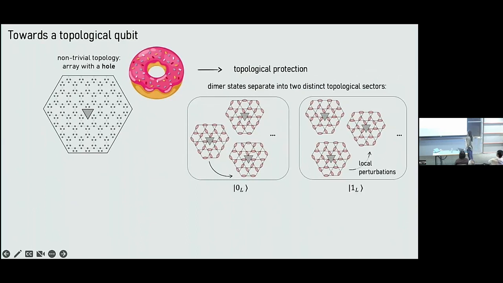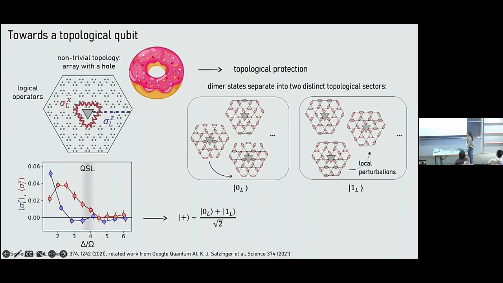So now we can define the spin liquids that live in one or the other topological sectors as our qubit states, 0 and 1. And we can also define logical operators for these qubits. Now we can measure this in the experiments, and we see that in the region where we identified our quantum spin liquid, the state that we naturally prepare is the plus state for the topological qubits, so the symmetric superposition of the 0 and 1 states.